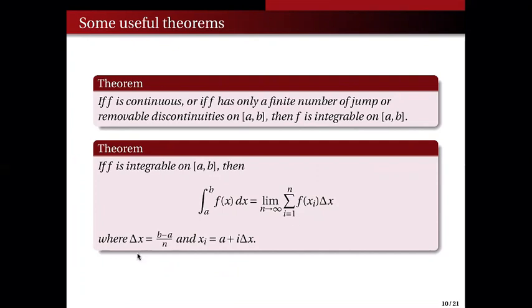So we can choose delta x to be b minus a over n and your x sub i to be the right endpoint. So instead of dividing the interval randomly, we can always divide it into subintervals of equal length.